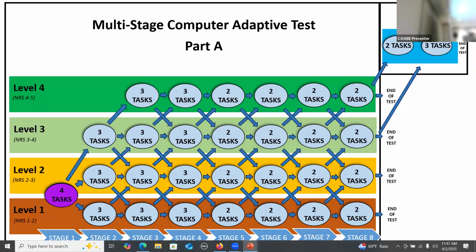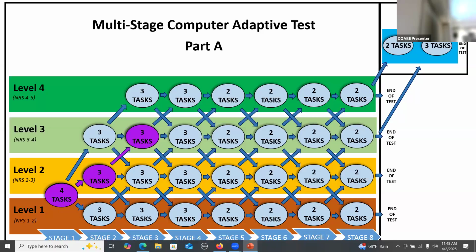And then depending on how an examinee does on those tasks, the test either goes a little bit to the higher level or to the lower level. And again, all of that is happening behind the scenes. All that the test administrator has to do is to live score the responses using the rubric. So on it goes.